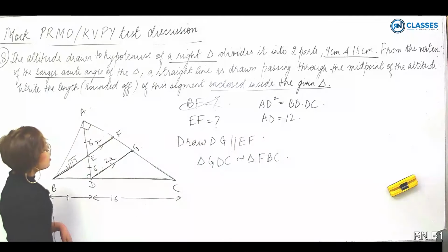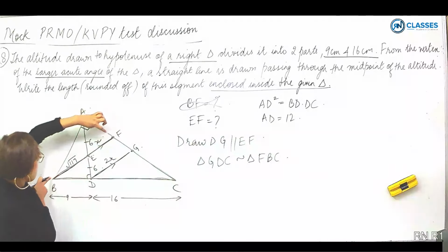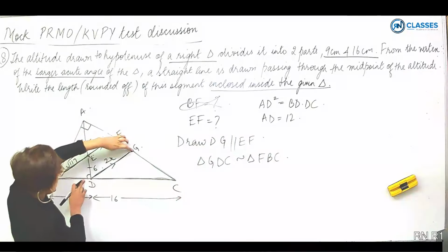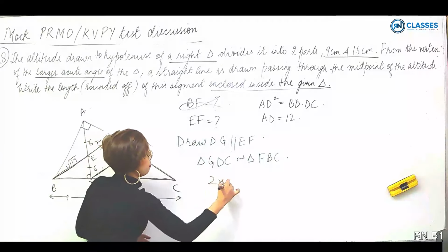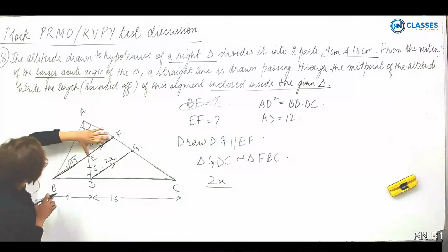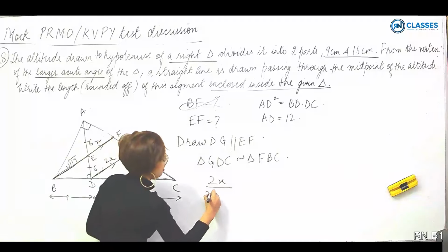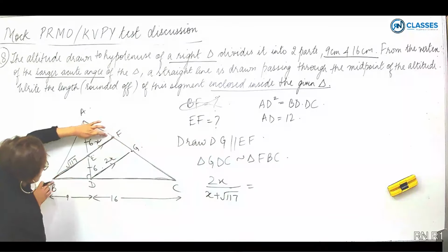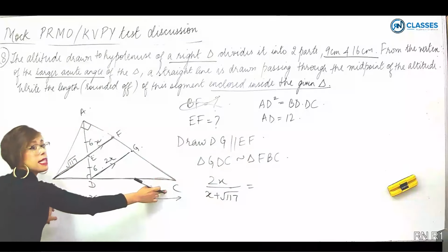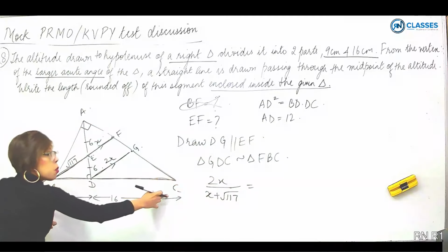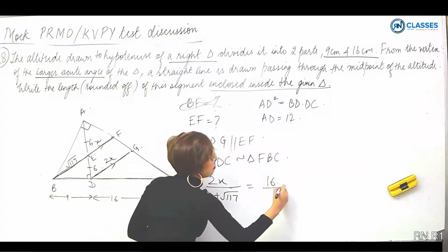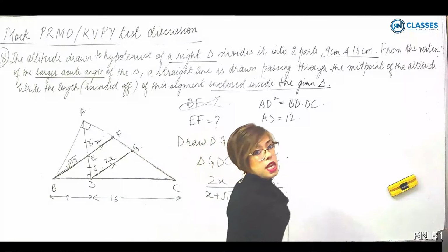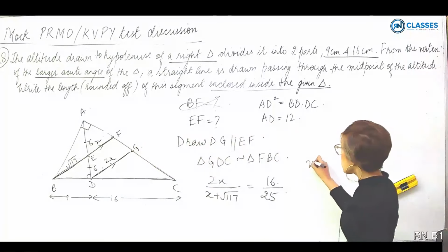Cool. So that means DG by BF, which is 2x by x plus root 170, is equal to DC by BC, so 16 by 25. From here you can find the value of x.